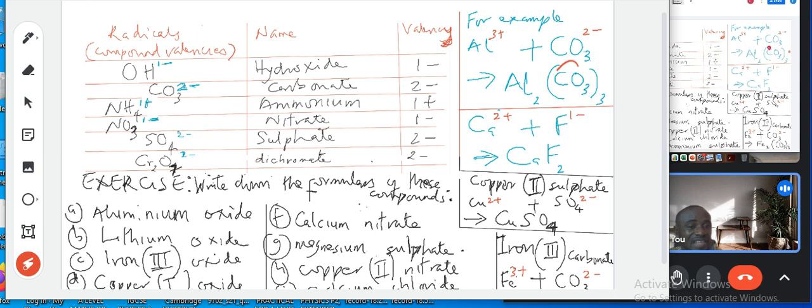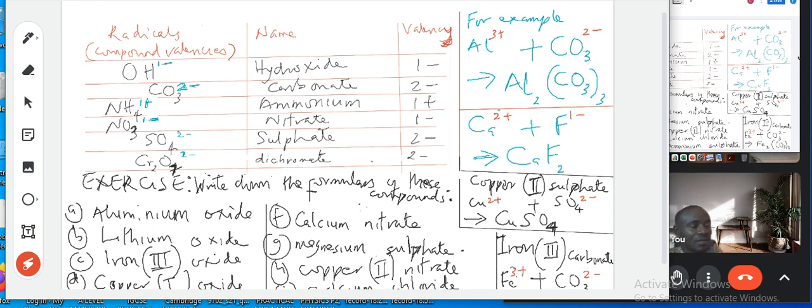Then the 60, you will multiply by 3. So you don't multiply this by 3, you just do it by 2. You only multiply Al by 2 because Al is 2. I think Al is 23 or something. So 23 times 2 plus all of those we calculated, and when you add up everything, you get the molecular mass.